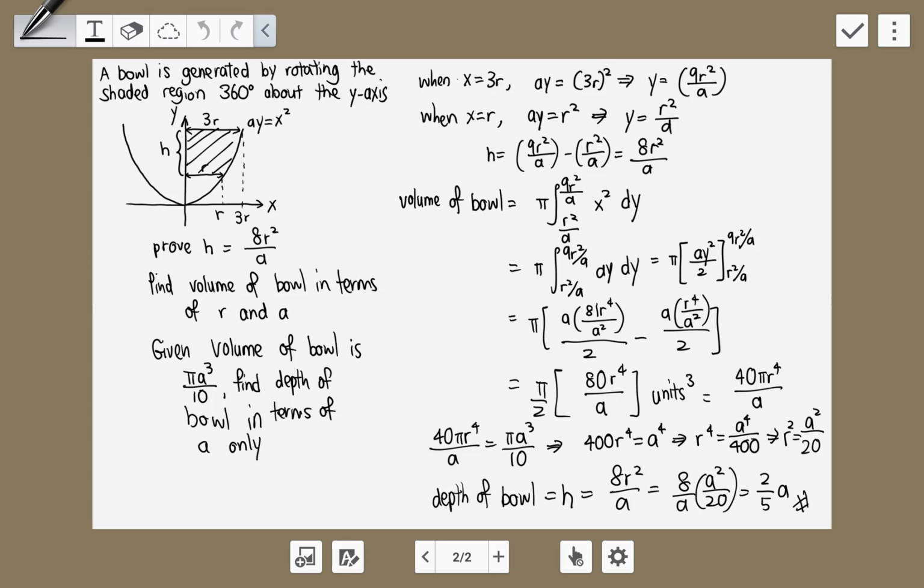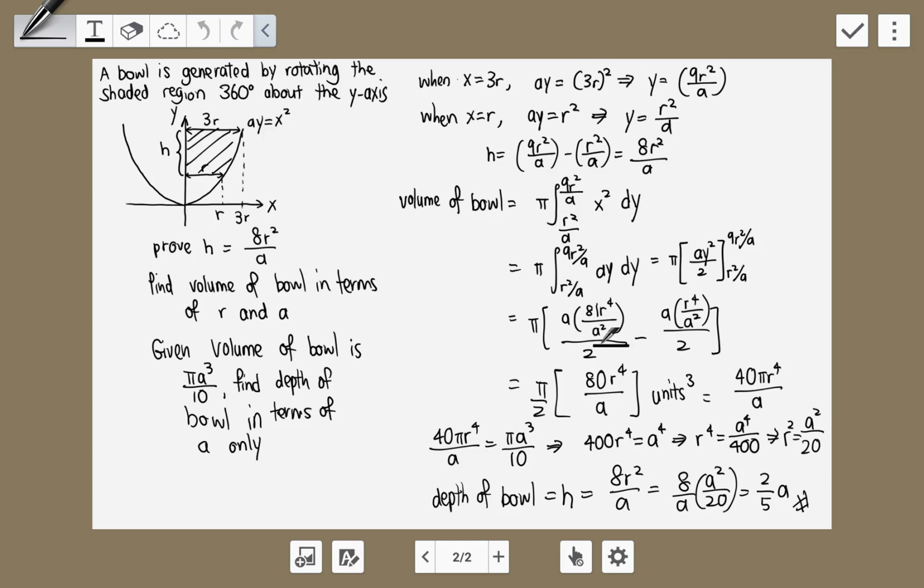So then with this, 81r to the power of 4, everything at the bottom is the same, so 81r^4 minus r^4, I get 80r to the power of 4.